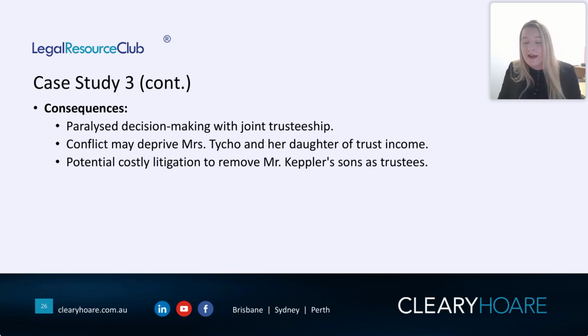So the trustee powers and the appointor powers wouldn't be able to be exercised because you wouldn't have that unanimous consent. And so with that, if you've got no decisions being made by the trustee, that would then go back to the default beneficiary provisions.